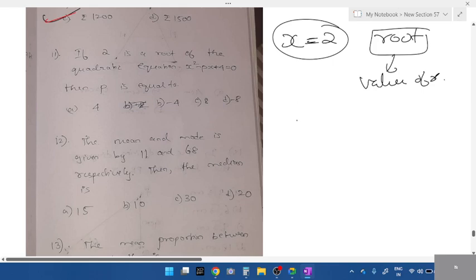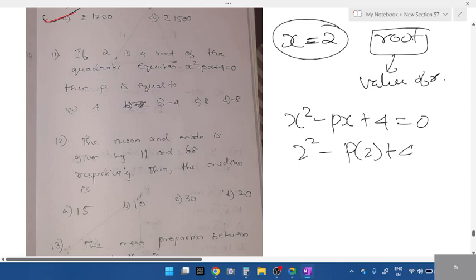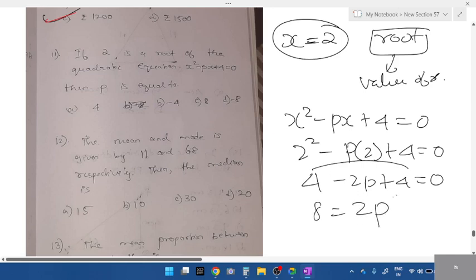Substitute this x. 2 square minus p into 2 plus 4 is equal to 0. 4 minus 2p plus 4 is equal to 0. 4 plus 4 is 8 is equal to 2p. p goes to the other side. p is equal to 8 divided by 2, don't write 2 divided by 8. The answer is 4.